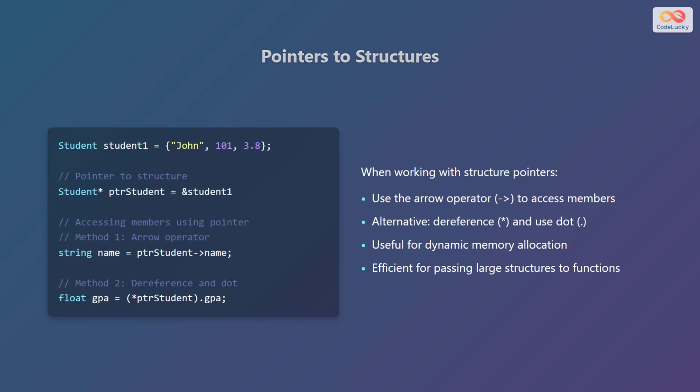To access the members of the structure using the pointer, you can use the arrow operator. For example, ptrStudent->name. Alternatively, you can dereference the pointer using the asterisk and then use the dot operator. For example, (*ptrStudent).gpa. Pointers to structures are useful for dynamic memory allocation and efficient for passing large structures to functions.